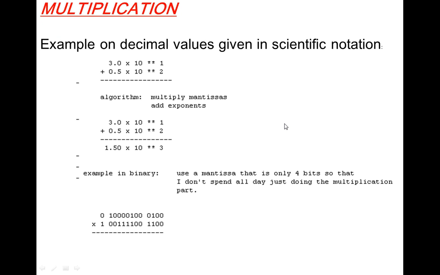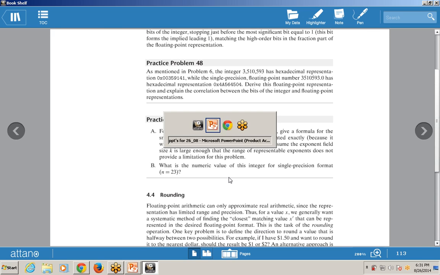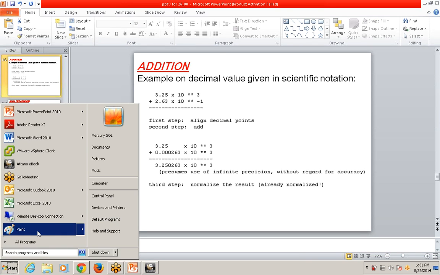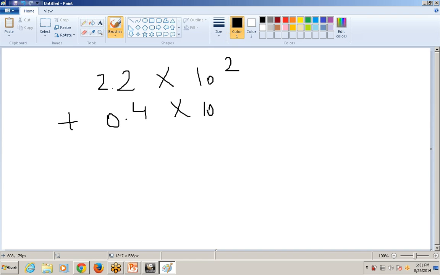Next is multiplication. First, let's see another example of addition. Suppose I have to add 2.2 times 10 power 2 and 0.4 times 10 power minus 1.